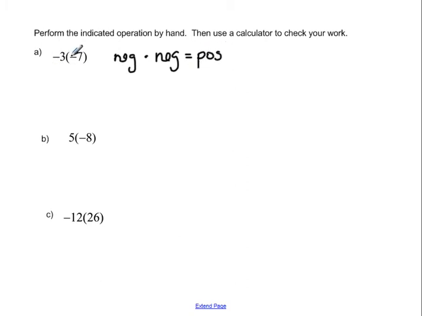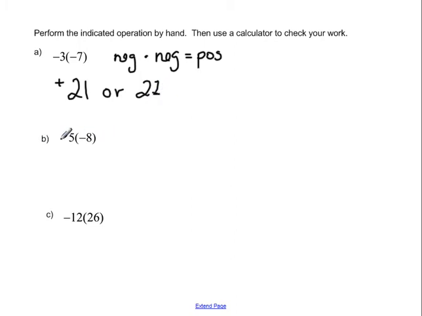Since I have -3 times -7, I know that my answer will be positive, and we can put the plus sign there if we want to, but typically we don't. Typically we would just write down the number. Negative times a negative is a positive, and 3 times 7 is 21. We could just write the answer as plain old 21 without showing the positive, because we understand that the positive sign is there whether we write it or not.